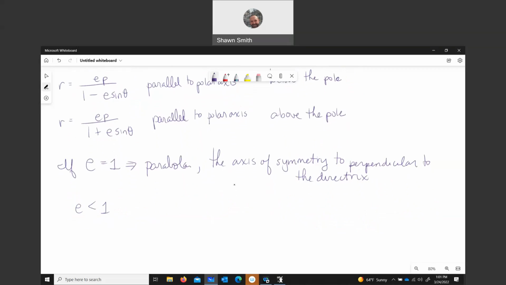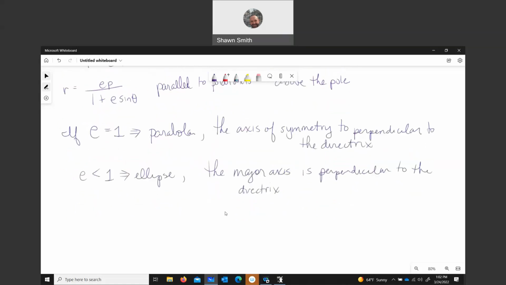If E is less than 1, we're dealing with an ellipse. And the major axis is perpendicular to the directrix. The major axis is the long axis, the long part of the ellipse, so the directrix will be perpendicular somewhere outside of that.